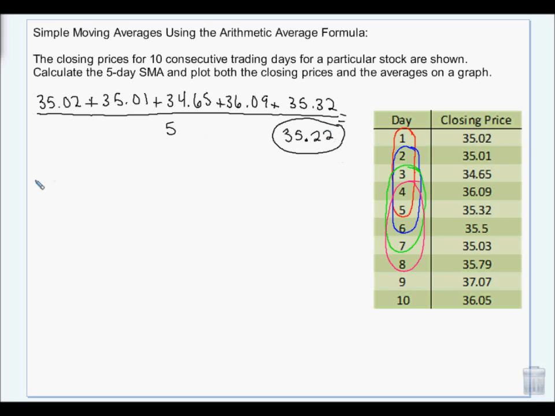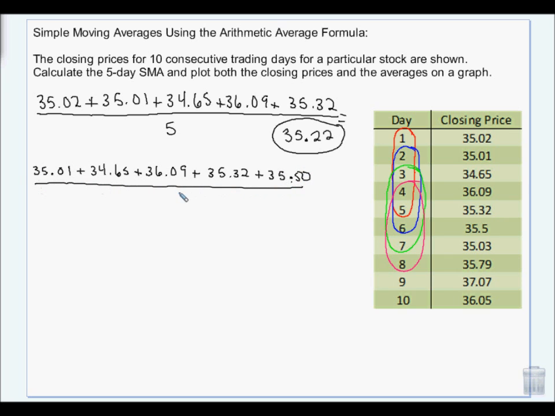Then I do my second set of 5 days. So then I start at 2 and go through 6. So I have 35.01 plus 34.65 plus 36.09 plus 35.32 plus 35.50. And I divide that by 5. Okay, which I get 35.31.